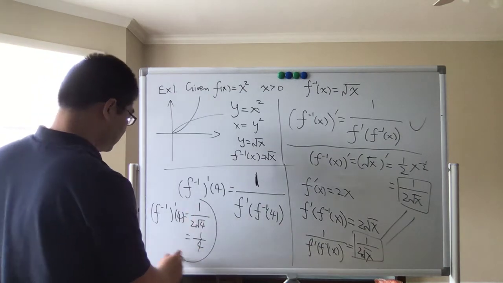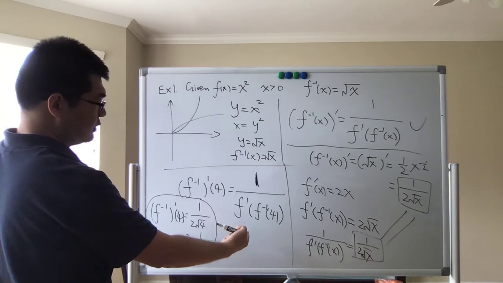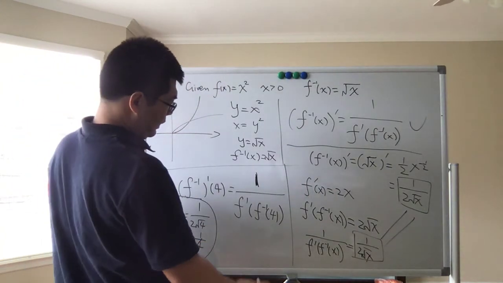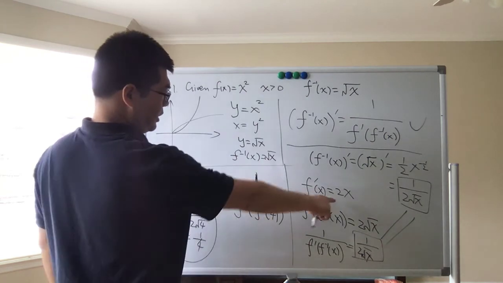So we already know the answer for the left-hand side. Let's verify that it is valid for our inverse derivative rule. f prime of x is 2x.